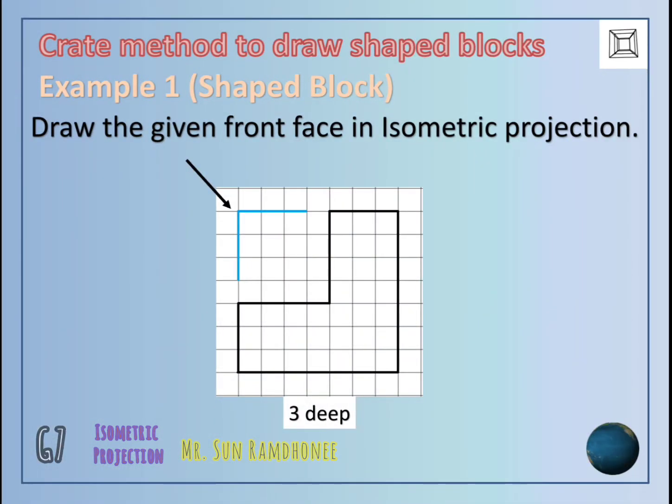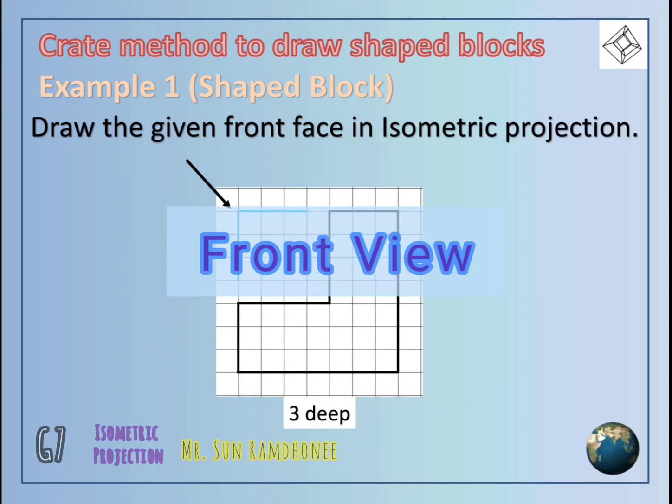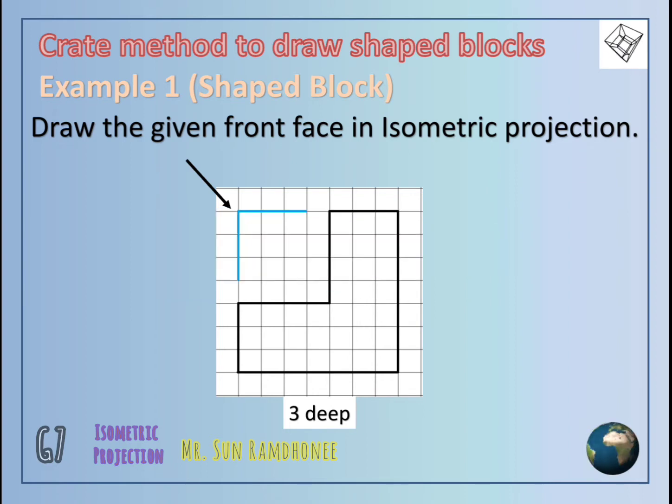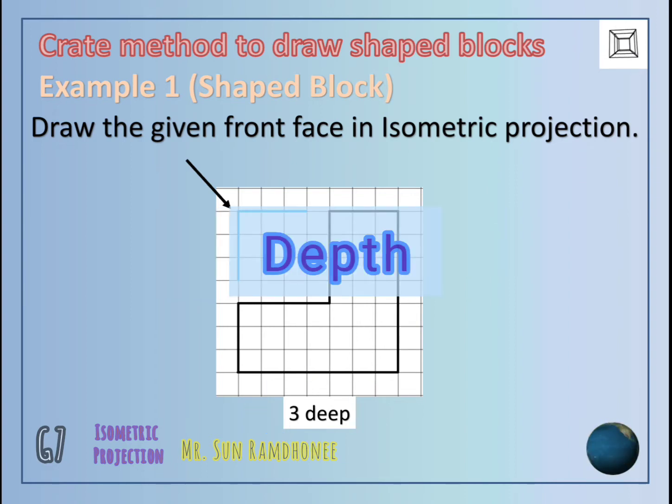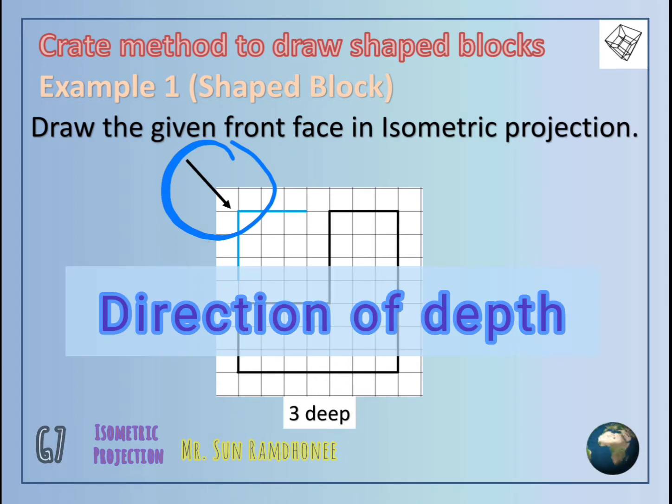When you're given such a question, there are a few things that you have to look for. The first one is that you will be given this. This is the front view, okay? And then you'll be given this, which is the depth. And then you'll also be given this, which is the direction of the depth line.